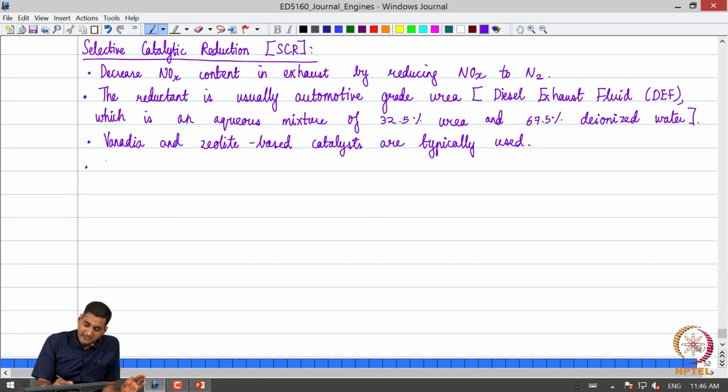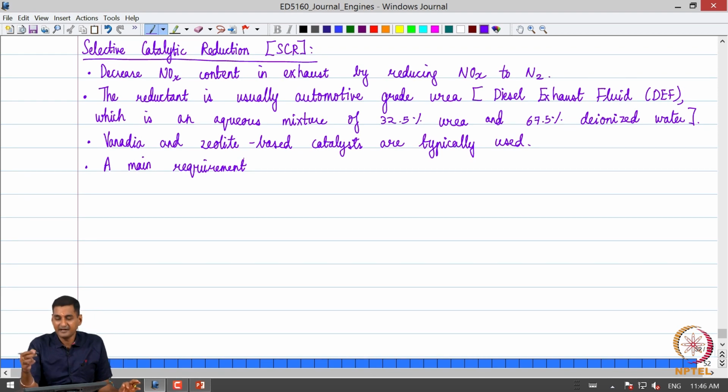But of course, a main requirement is that one needs to replenish the supply of this DEF, this automotive grade urea. There is a separate tank for that, and it gets spent as we treat NOx. So we need to replenish that supply.